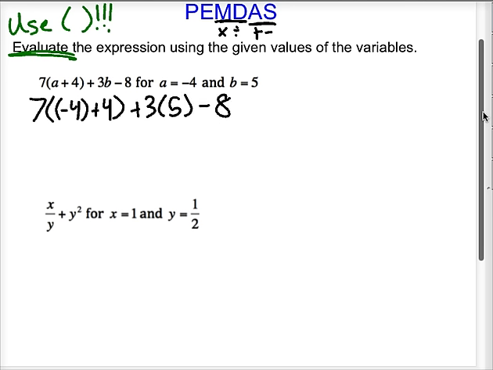Wherever the a was, I put a negative 4, and where the b was, I put 5. Now, those parentheses I've added in don't really play out in order of operations. They're just protecting the number that you put in. And you'll see why come that third example.